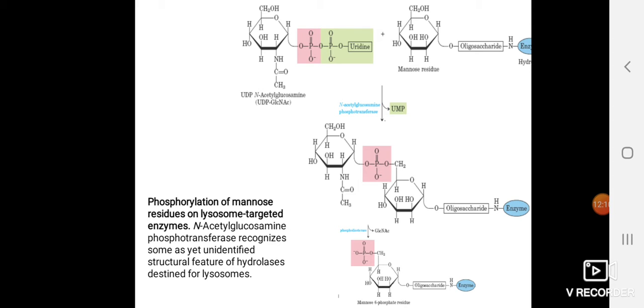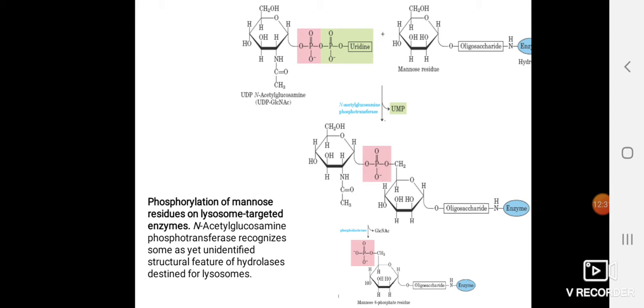So here, how this mannose 6 phosphate is going to get formed is, the protein is going to have an oligosaccharide unit with the terminal mannose residue. To that mannose residue, an enzyme called N-acetyl glucosamine phosphotransferase acts.